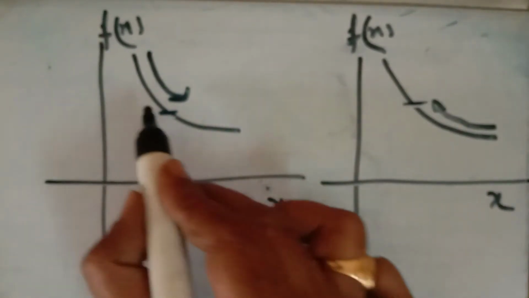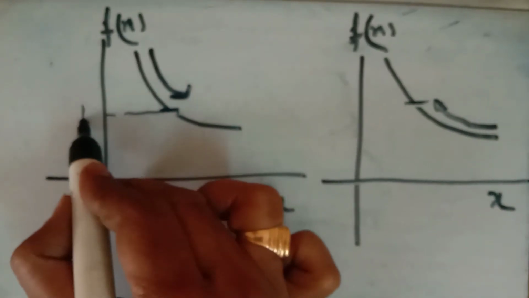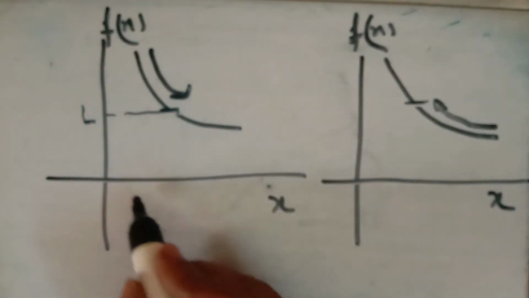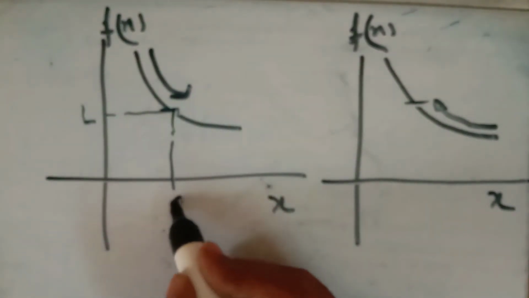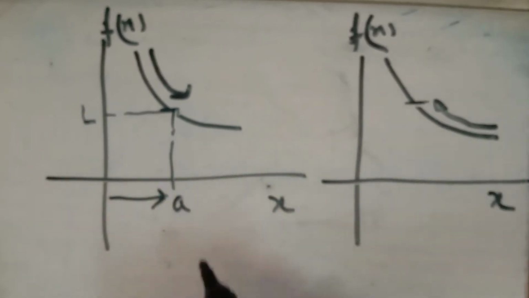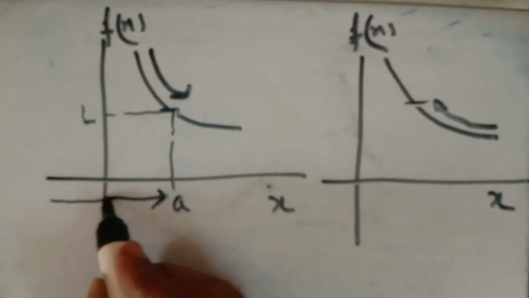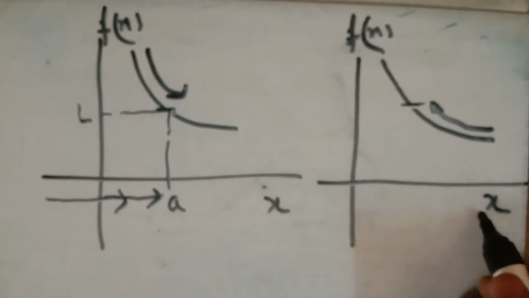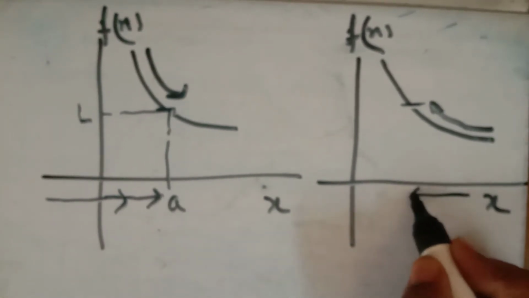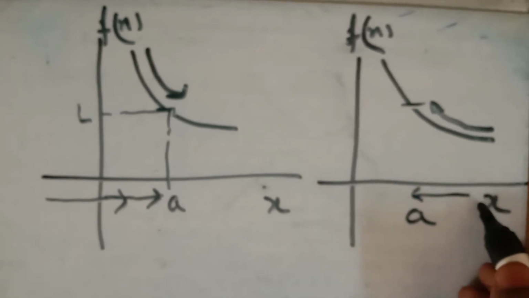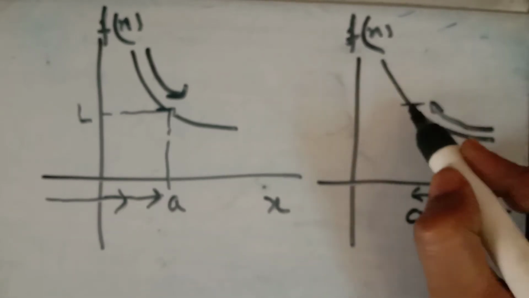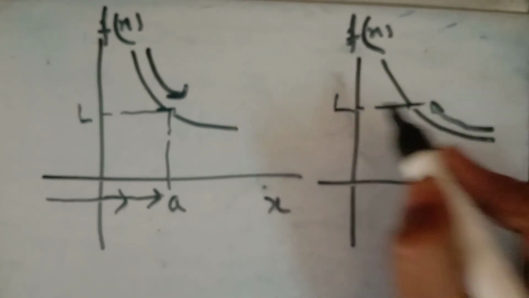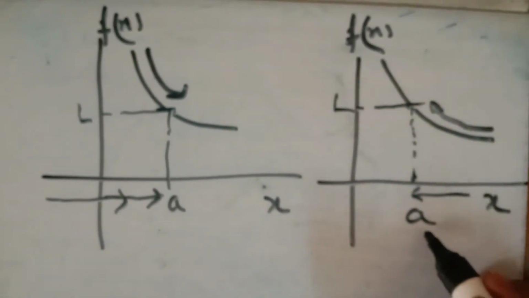Let us take the value of the function as L when the value of x is a, that is, x is approaching a from the smaller values of a, and here the value of x is approaching a from the greater values of a, and the value of the function here is also L, and the value of x is here a.